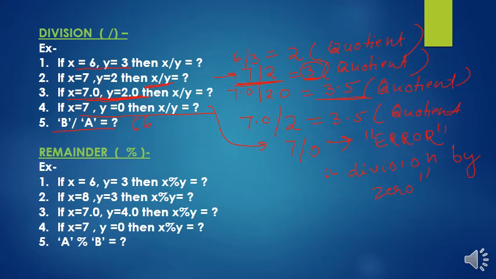So 66 divided by 65. The answer is equal to 1. The fractional part is not reflected because both values are integer values. So it will give the output 1.